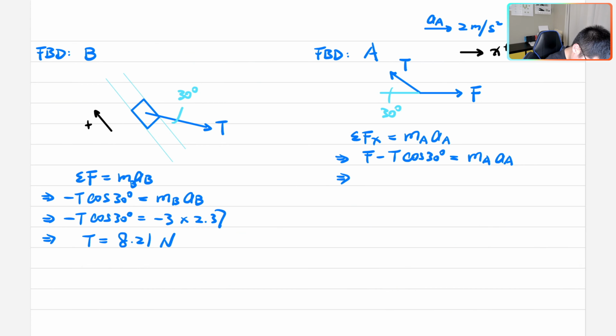So the force of the piston equals 2, the mass, times 2, the acceleration, plus the tension in the bar, 8.21, calculated right from here, times cos 30 degrees. Therefore, we can calculate our force is 11.11 Newtons.